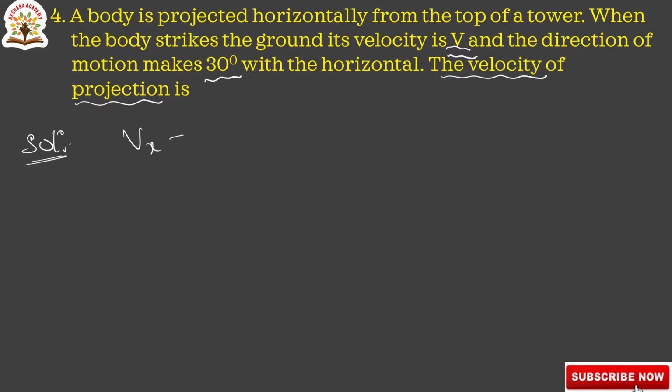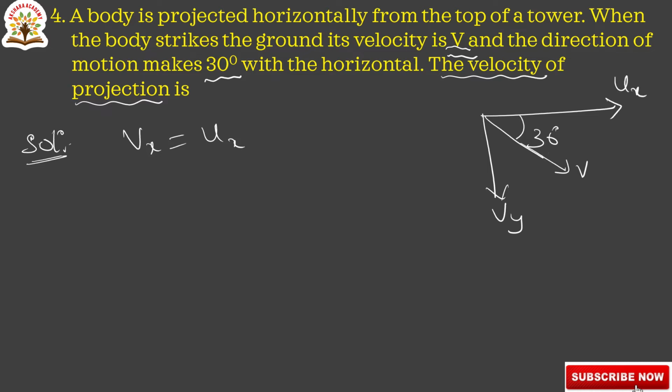Vx is equal to ux. Here these two are making an angle of 30 degrees, and this is v, this is vy, and this is ux, that is equal to u. Vx is equal to v cos 30 degrees.